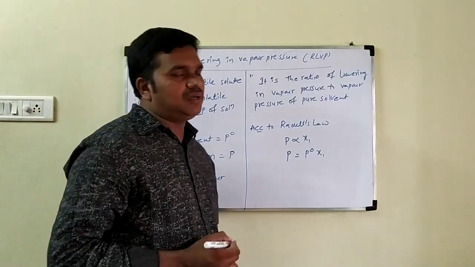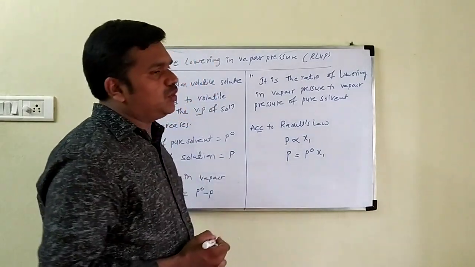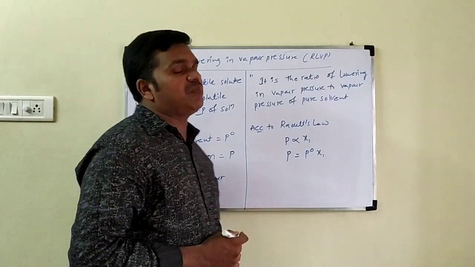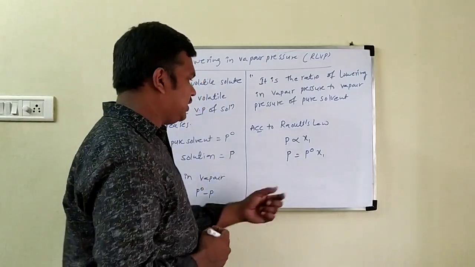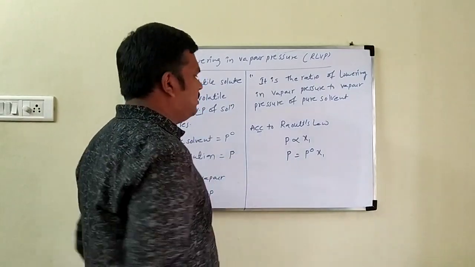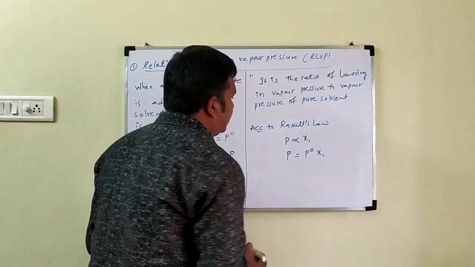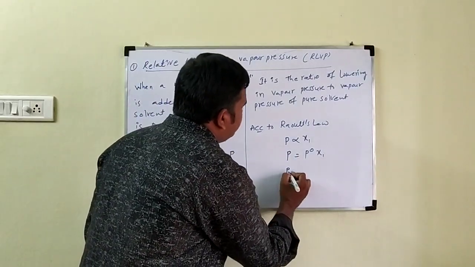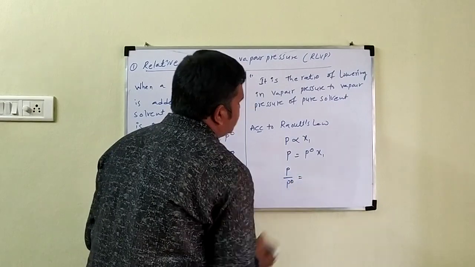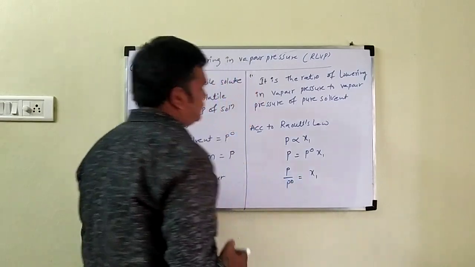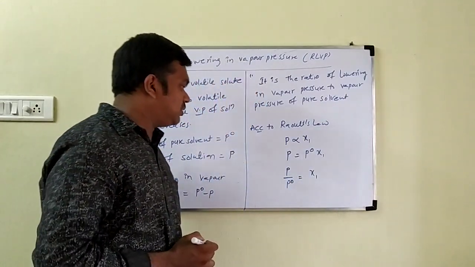What is x1 here? The mole fraction of the solvent. And P naught is the vapor pressure of the pure solvent. P is the partial pressure. So from this we write P by P naught is equal to x1.